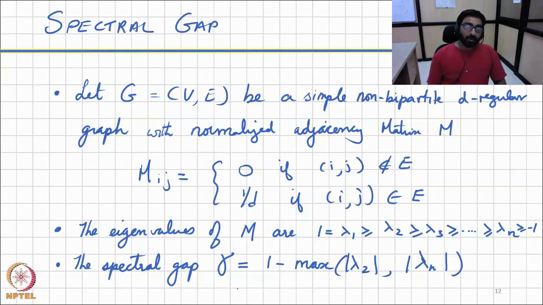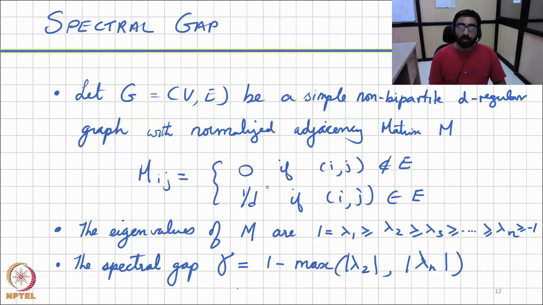And now we come to a completely different way of looking at expander graphs, a completely different parameter called the spectral gap. So let's consider the graph G, and for simplicity we're going to assume that the graph is simple. It's a non-bipartite D-regular graph. And let's look at the normalized adjacency matrix M. So here the entries of M are either 0 if the edge ij does not exist, or the ijth entry is 1 over D if ij belongs to E. So 1 over D here can be thought of as a probability.